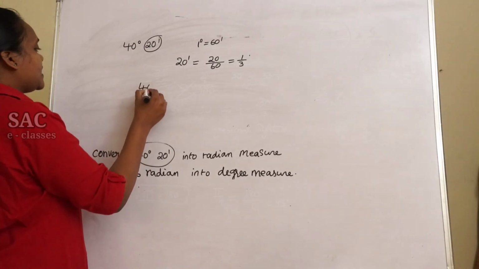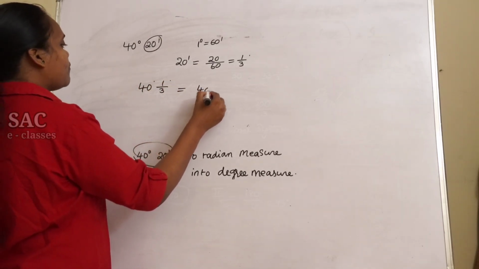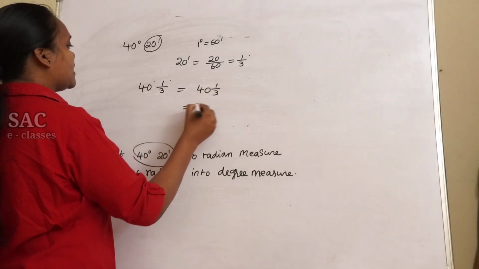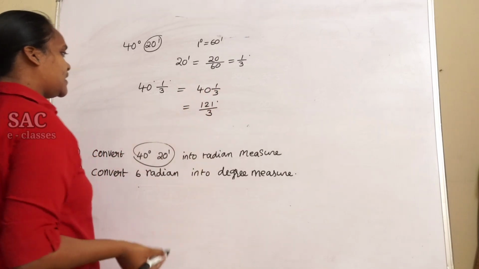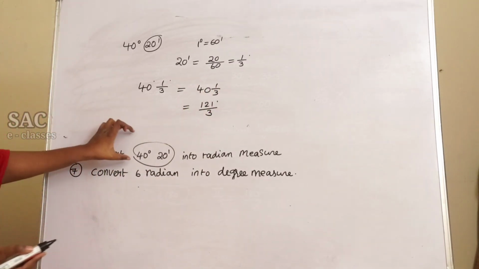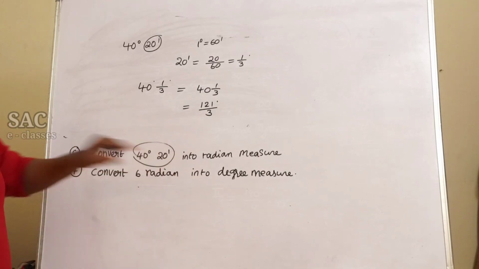So 40 degrees and 1 by 3 means you can write it as 41 by 3 degree, which is 121 by 3 degree.